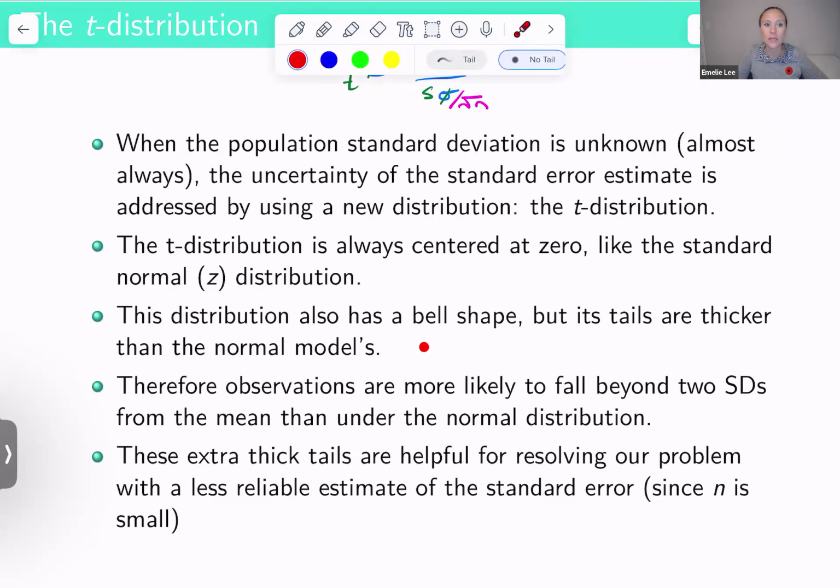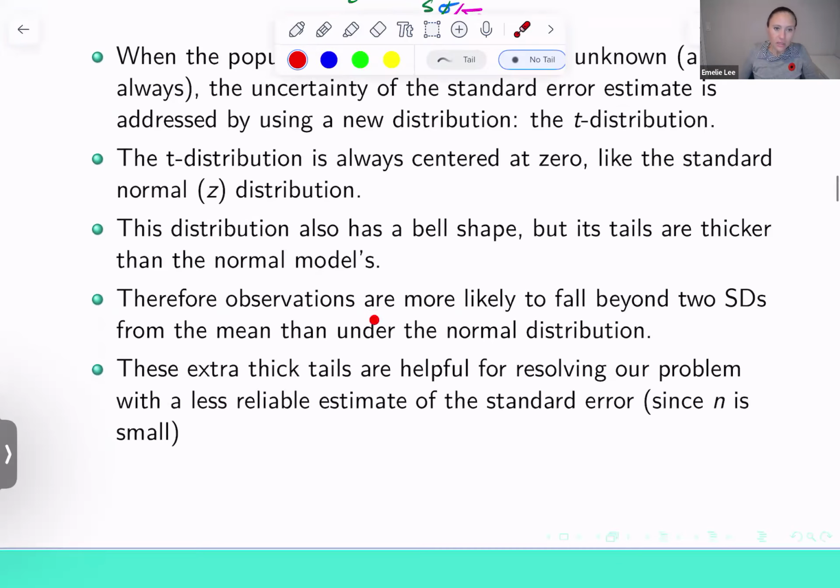What happens is the tails are lifted up a little bit more to make room for a little bit more uncertainty. Because there's more room in the tails, observations are more likely to fall beyond 2 standard deviations from the mean than from the normal distribution. But that changes relatively quickly, so it's not even that big of a deal.